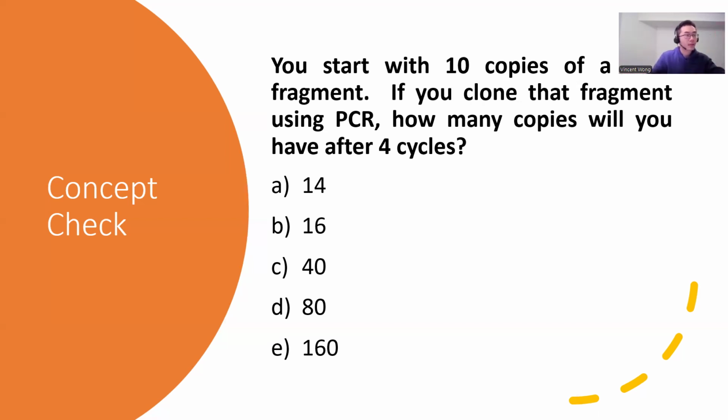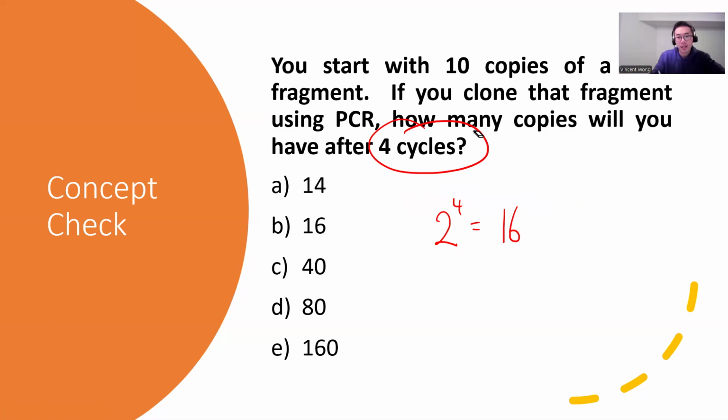All right. Thank you for those of you who participated. Let's take a look here. You are doing 4 cycles. So that's 2 to the exponent 4. Each time you do a cycle, you double, right? So that's going to be, sorry, 16. Okay. 2 times 2 is 4. 4 times 2 is 8. 8 times 2 is 16.